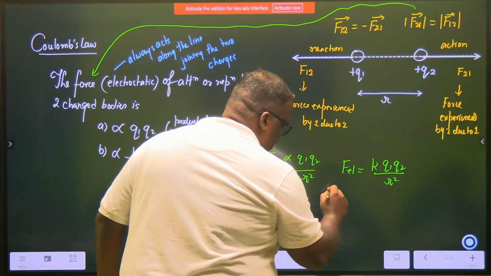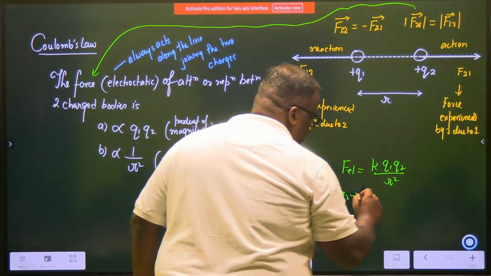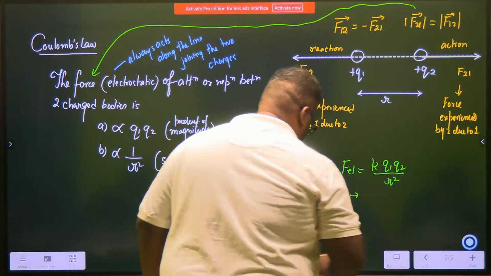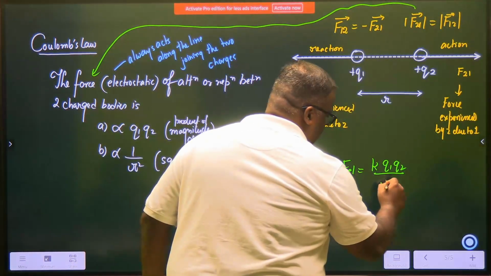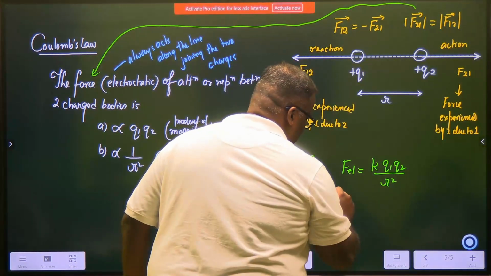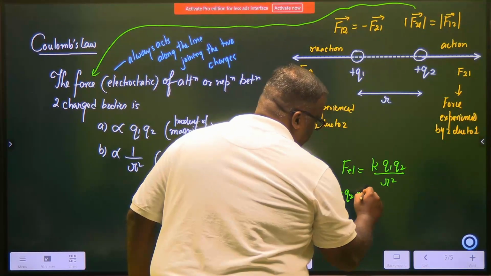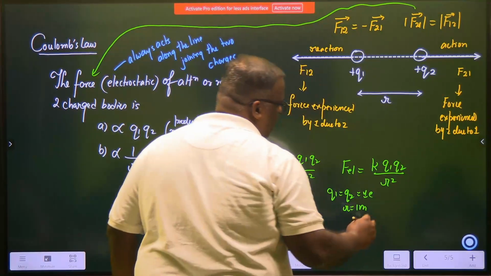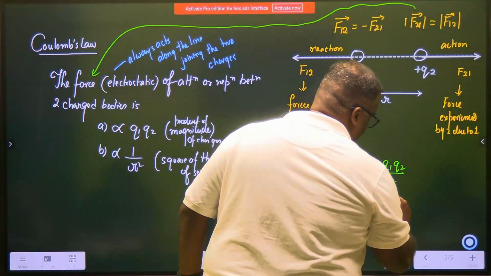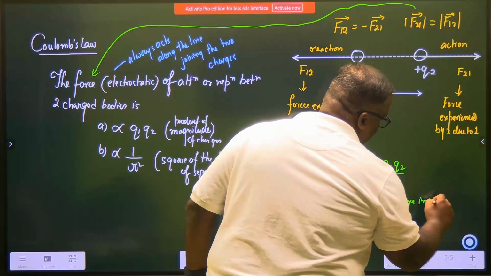So if Q1 is equal to Q2 is equal to 1 coulomb and R is equal to 1 meter, and they are in vacuum.